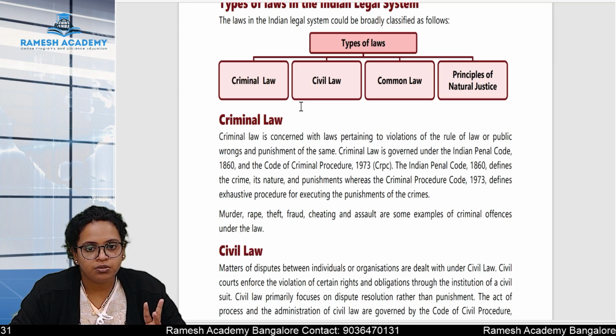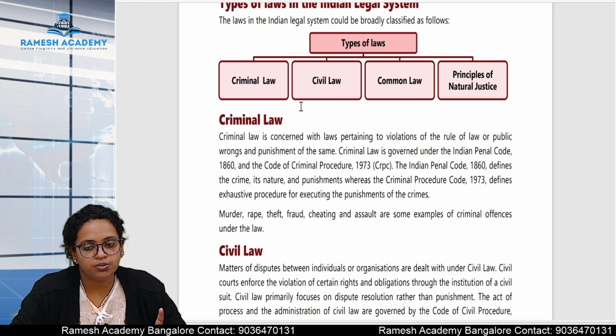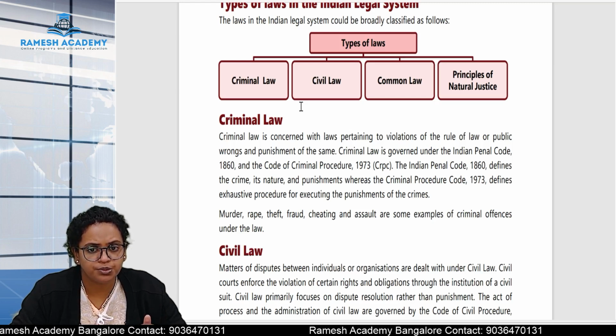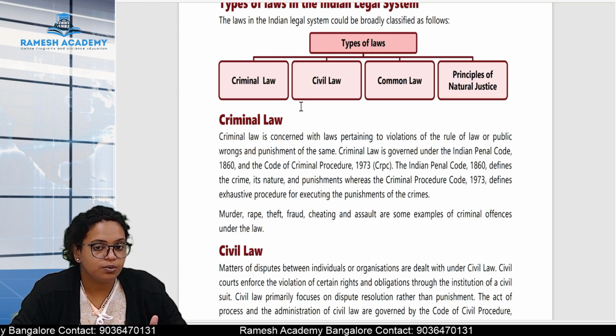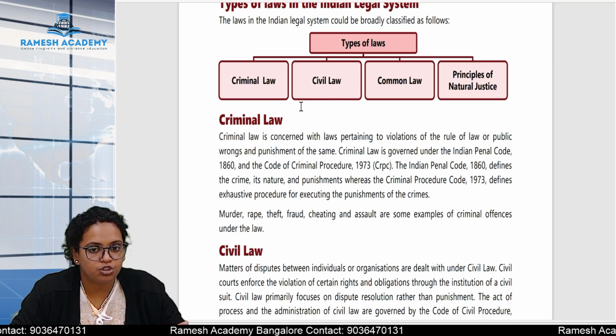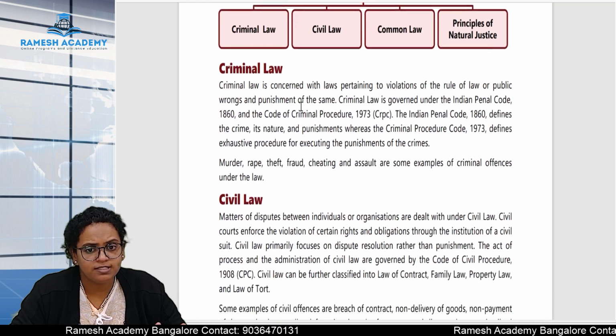The Indian Penal Code defines the crime by its nature and the punishment, whereas the Criminal Procedure Code defines the exhaustive procedure for executing the punishments of the crime. What can be a crime? For example, murder, rape, theft, fraud, cheating, and assault are some examples of criminal offences under the law.